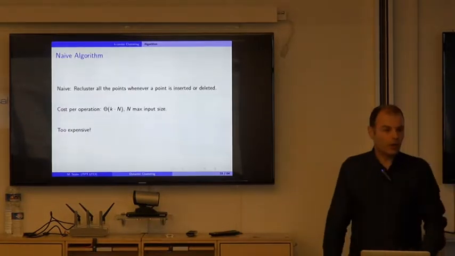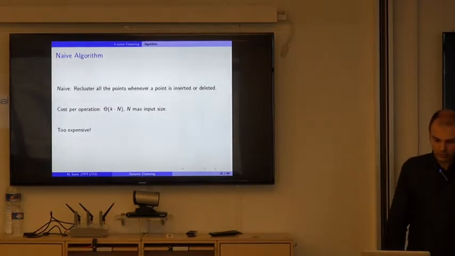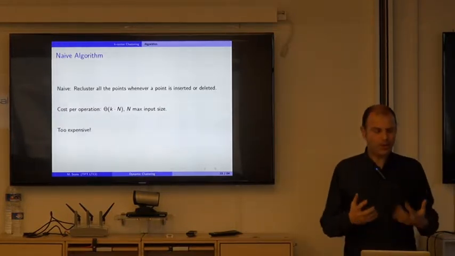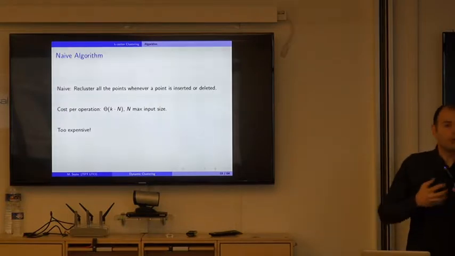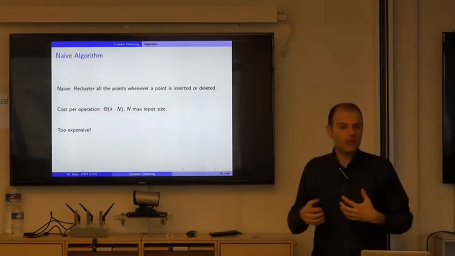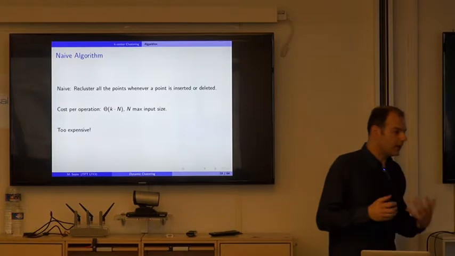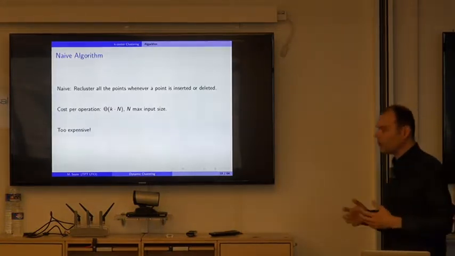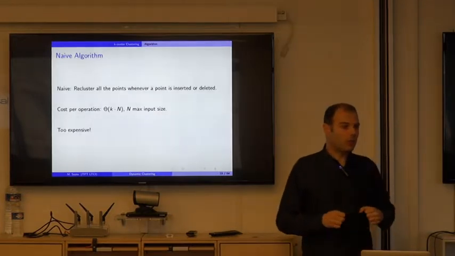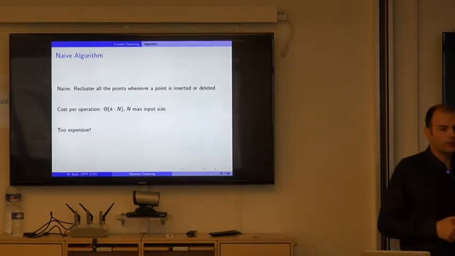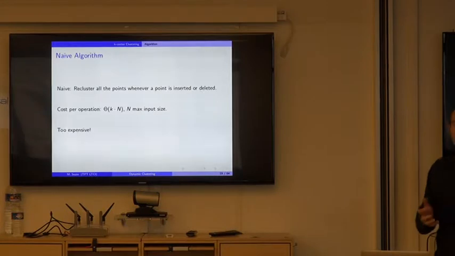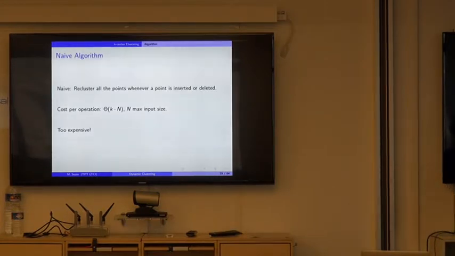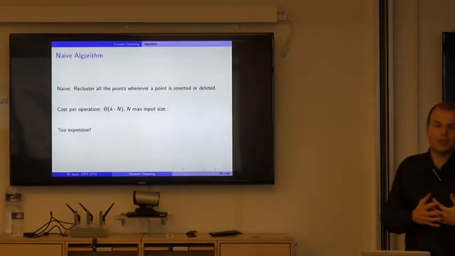So the problem is this then. We would like to maintain a good clustering at any point in time, and we would like to maintain a clustering with a small maximum radius, okay? One solution, the simplest you can think of, would be to recompute everything from scratch.